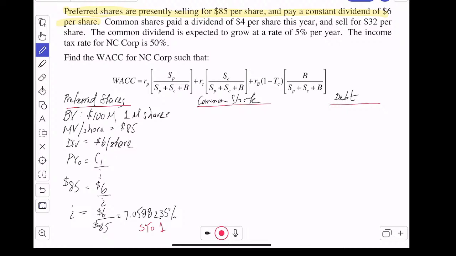So what we need from each of these assets is the return and the valuation, right? Because that goes into the formula. We need the return and the valuation. What's the value outstanding? Market value of outstanding stock. Commons, in this case, preferred stock.